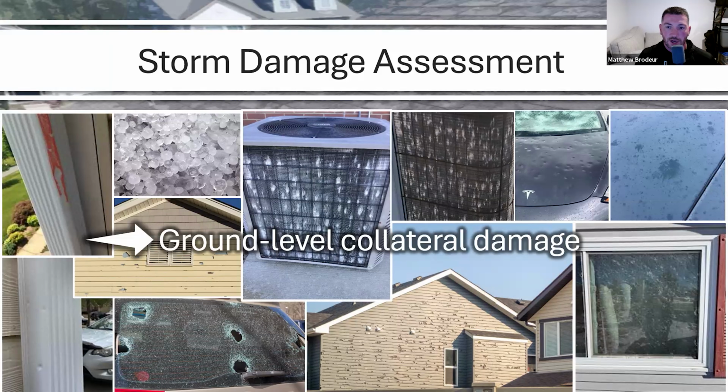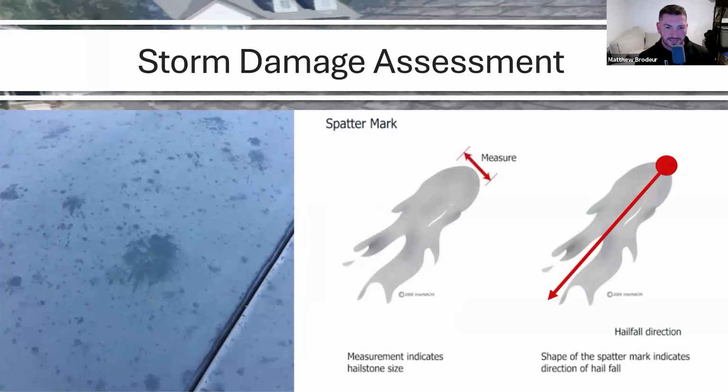So we know that it happened somewhat recently. I know that may be dissatisfying for somebody, but it's some level of recency that we can find out by that spatter. Now, a spatter mark itself, you can measure and guess at what the hailstone size might be.